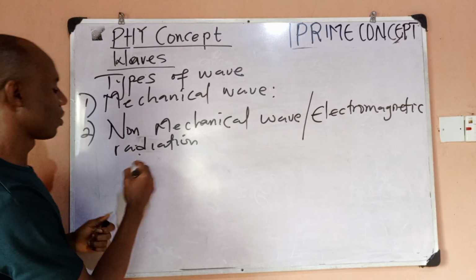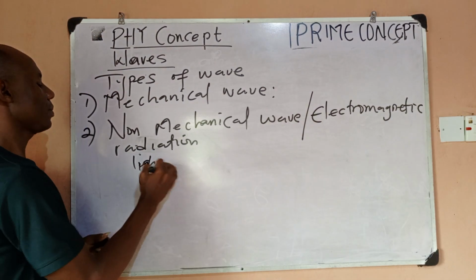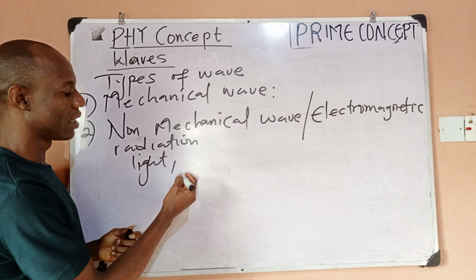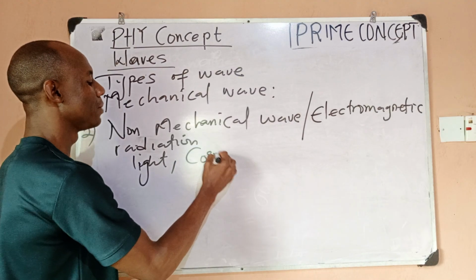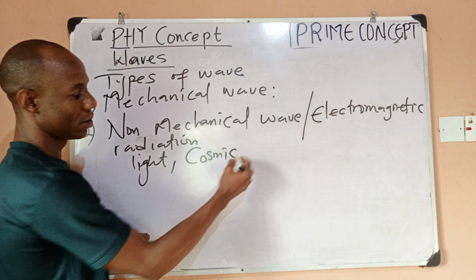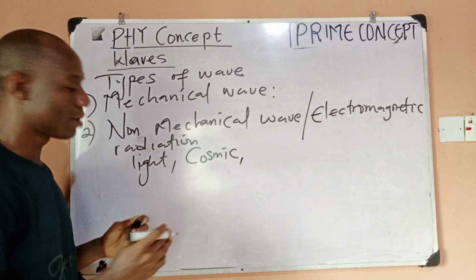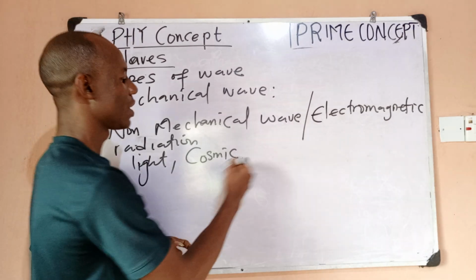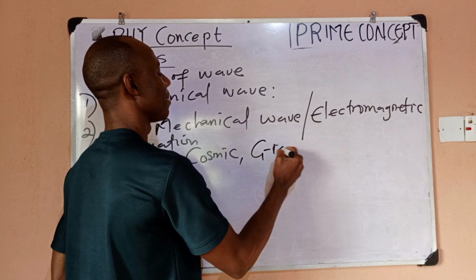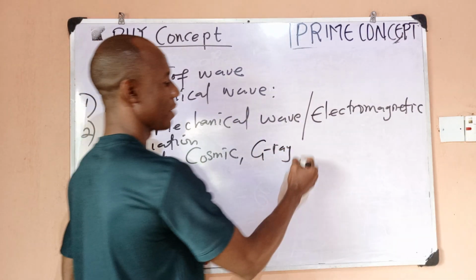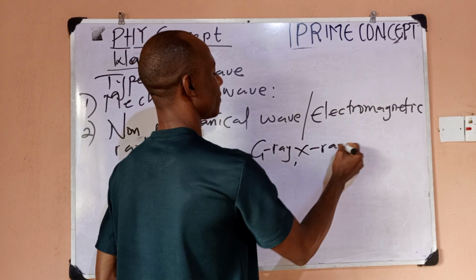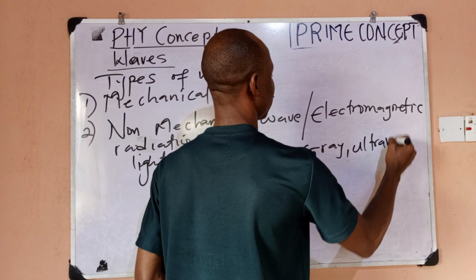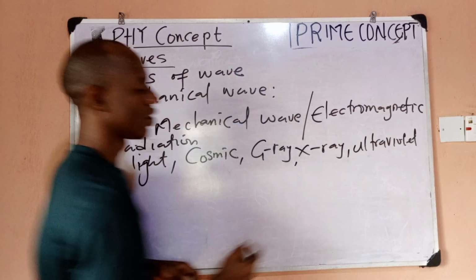So examples include light. Electromagnetic spectrum is light actually, but let's just mention them. You have the cosmic radiation, which is the radiation with the smallest wavelength. Then we have gamma radiation. We have X-ray. We have ultraviolet radiation.